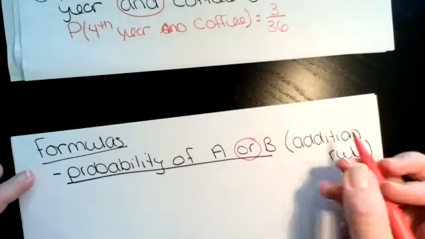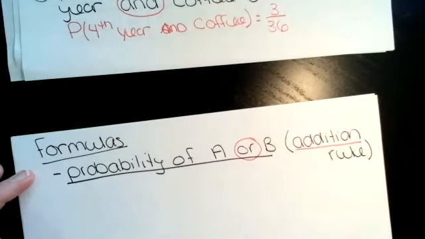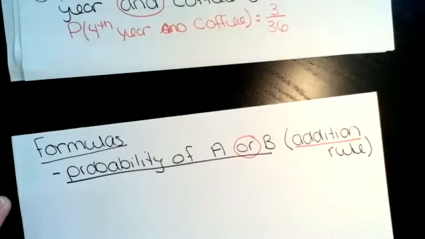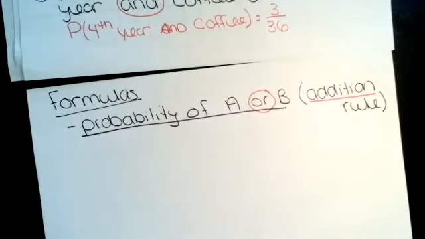So when you see an or, I want you to think of addition because you're taking the two separate groups and putting them together, and you're going to look for just one out of either one of those groups, okay? So it's bigger.